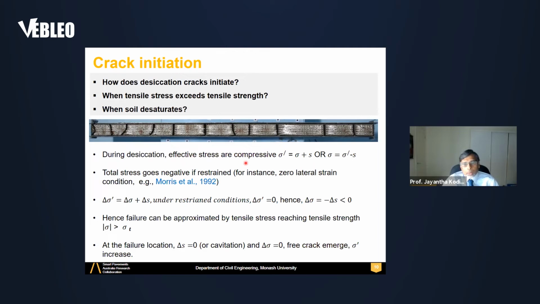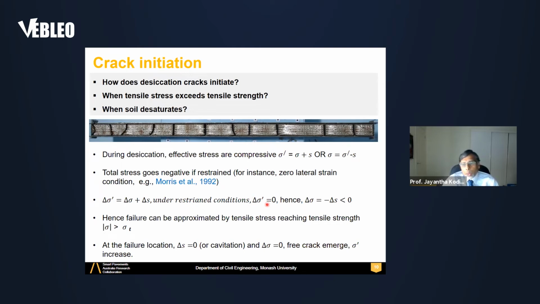for the effective stress. Effective stress can be written as total stress plus suction, and that means total stress is equal to effective stress minus suction. So total stress goes negative if restrained. For instance, with a zero lateral restraint condition, there is no movement that can be observed. Therefore, this delta sigma dash, or change in effective stress, is zero.